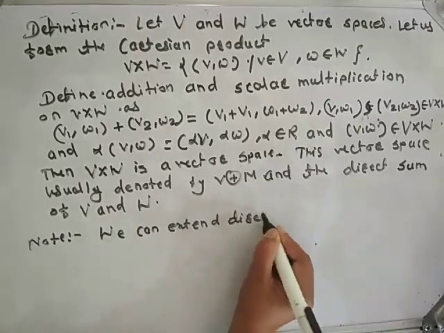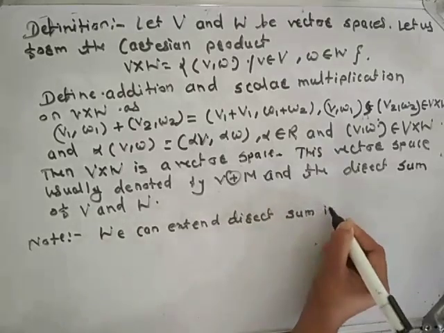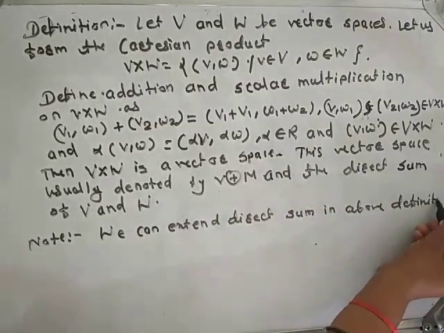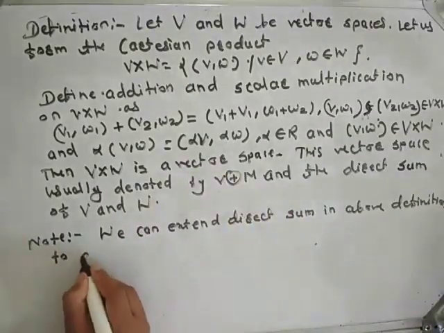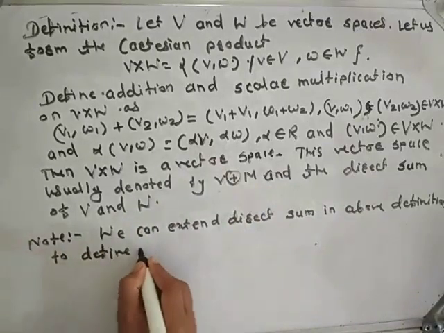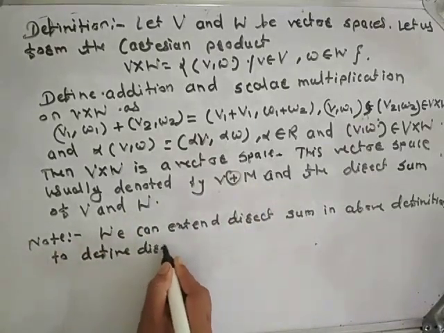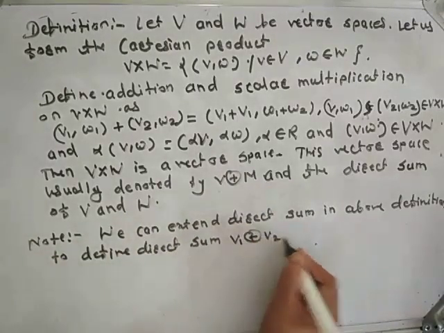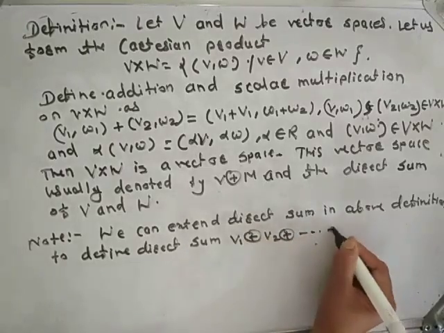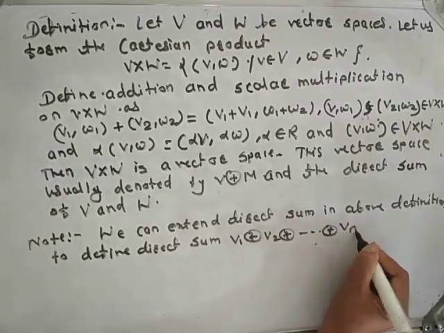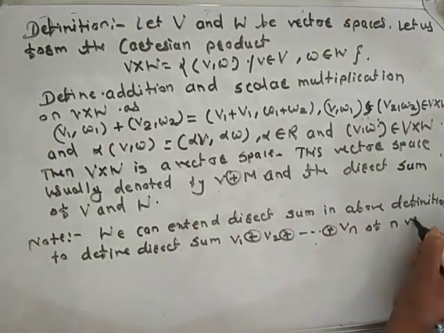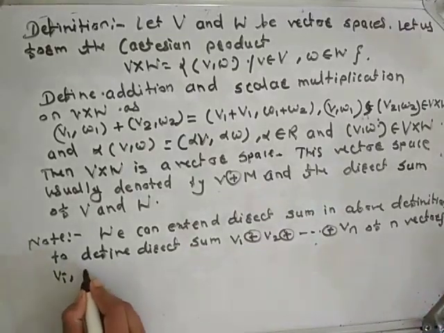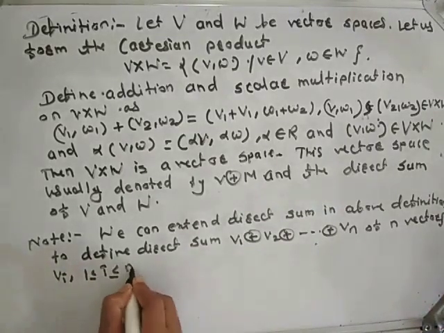Note, we can extend the above definition of direct sum to define V1 direct sum V2 direct sum and so on, direct sum Vn of n vector spaces Vi, 1 less than or equal to i less than or equal to n.